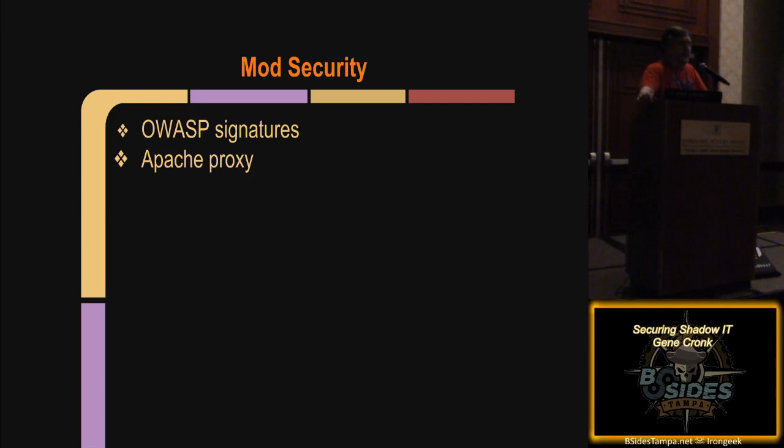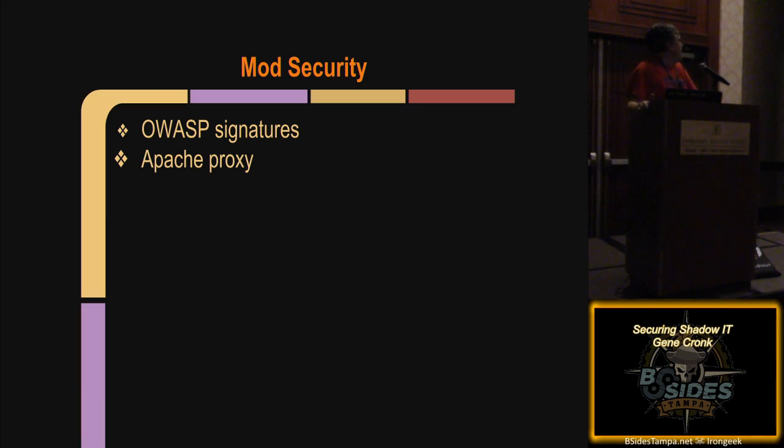You can just download them, slap them into the configuration file, and you're secured from a good chunk of cross-site scripting, SQL injection, those kinds of attacks. So it would have behooved me to add ModSecurity and the OWASP signatures as part of this project.